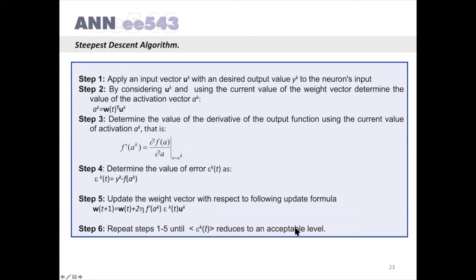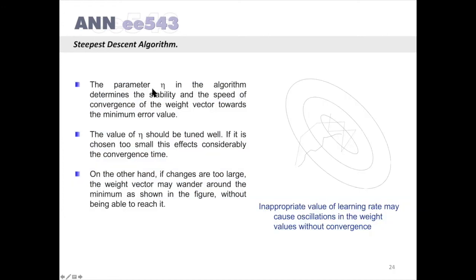The parameter eta in the algorithm determines the stability and the speed of convergence of the weight vector towards the minimum error value. The value of eta should be tuned well. If it is chosen too small, this affects considerably the convergence time.